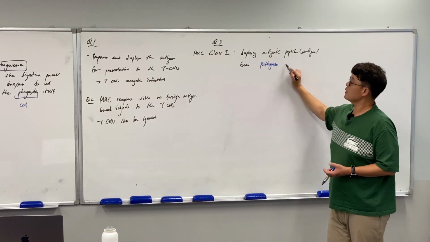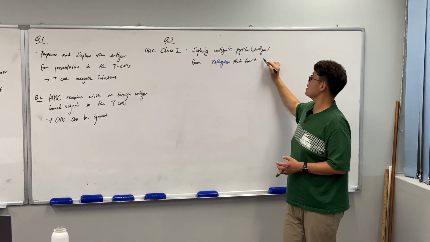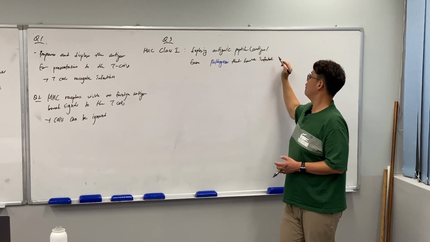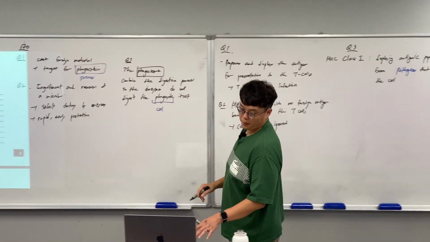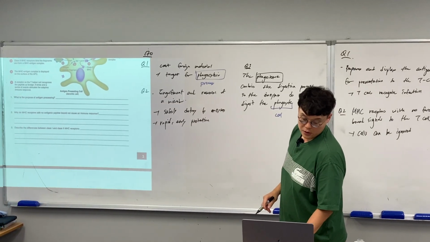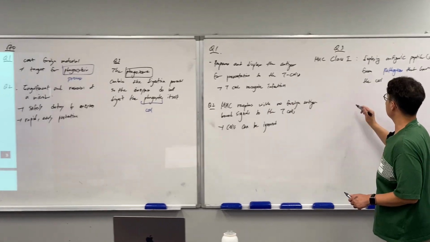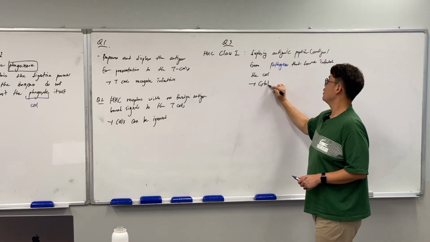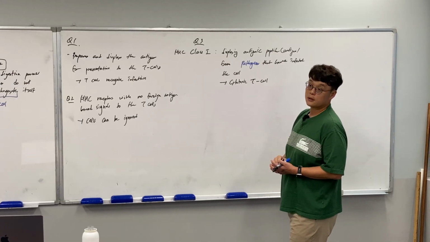That have infected the cell. And remember that was basically what we discussed in terms of how they do it. So MHC 1 presents antigens from infected cells to the cytotoxic T cell. That's the purpose of that too.